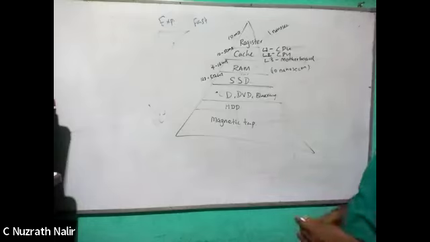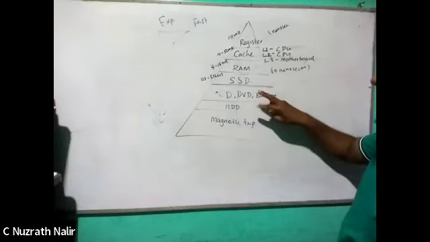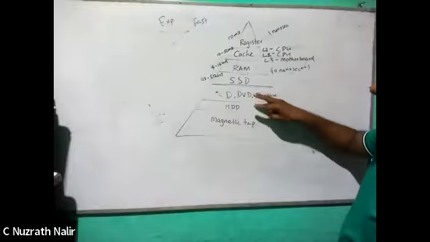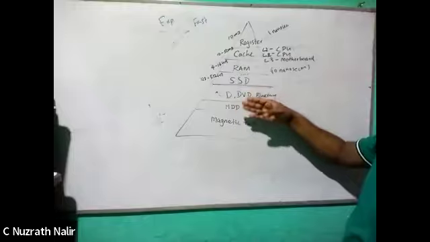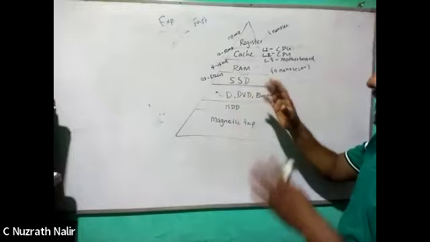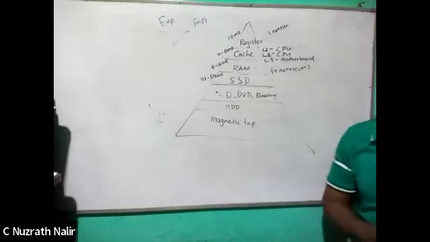Okay. So only the difference is the cost and the speed. HDD could be at that level, and the CD is at that level. And other than that, everything looks similar.